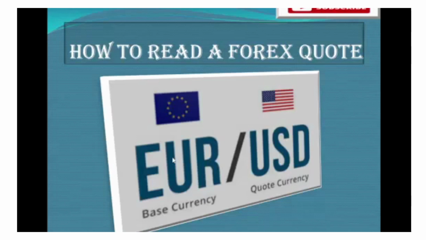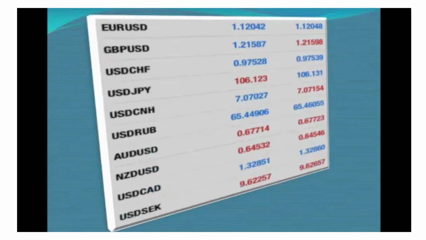When buying, the exchange rate tells you how much you have to pay in units of the quote currency to buy one unit of the base currency. In the example above, you have to pay 1.12042.